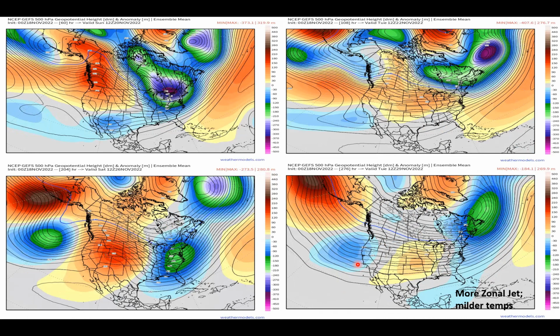One thing you notice is the orange coloring in the eastern U.S. and the blue coloring in the western U.S., this orange coloring indicating higher heights, which generally correlates to milder temperatures. Blue coloring, lower heights, usually equates to lower temperatures. So we could be looking at a troughing situation in the western U.S. as we enter December, and more of a higher heights, a weak ridge across the eastern U.S. as we head into the new month. Something to keep an eye on.